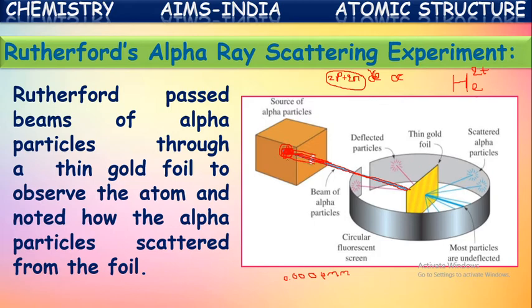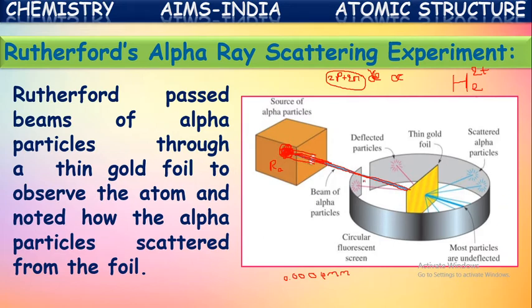He chose a radioactive substance like radium which can produce alpha particles, kept it in a lead chamber with only one outlet, and made the alpha particles fall on the gold foil. Around the gold foil, he arranged a zinc sulfide screen.